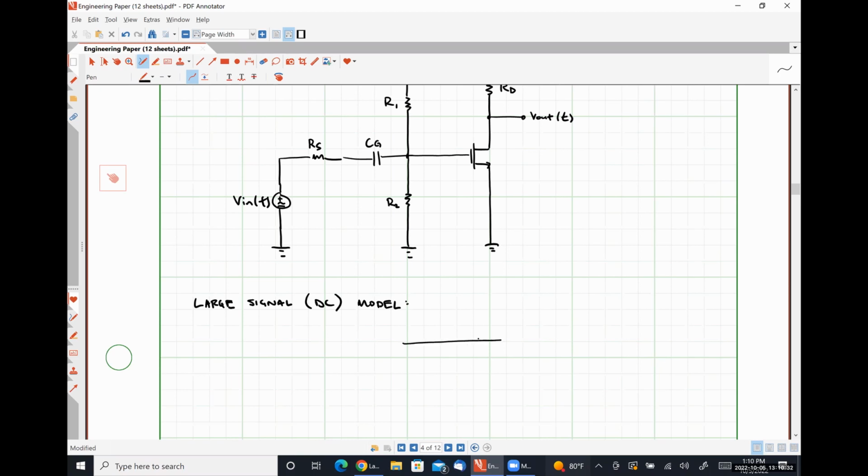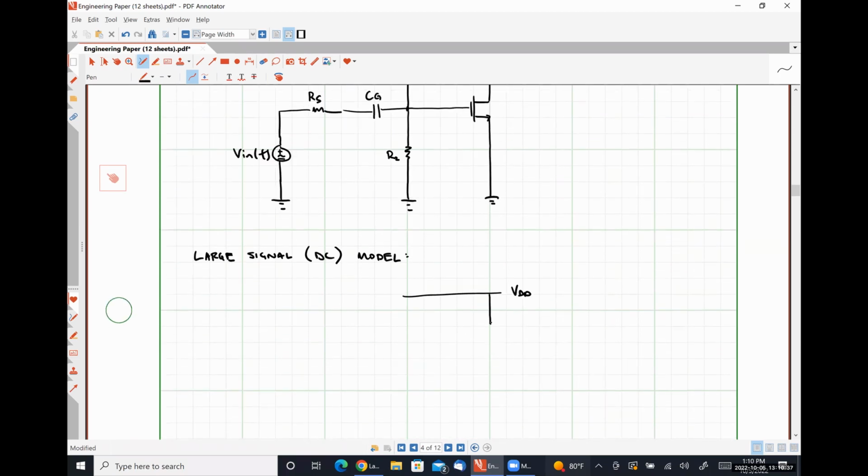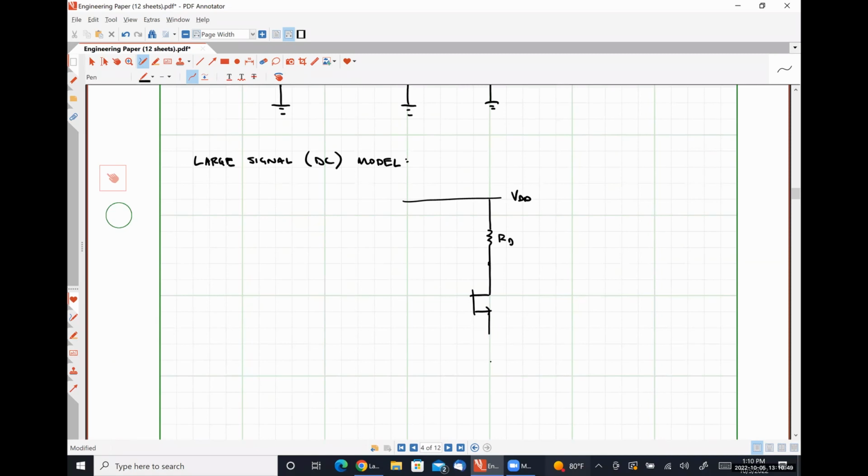So effectively, we would have this guy right here, VDD. Here's our resistance RD. Here's R1. Here's R2. Ground and ground.